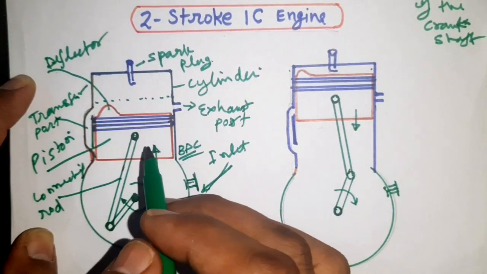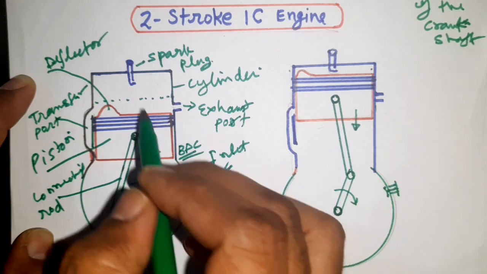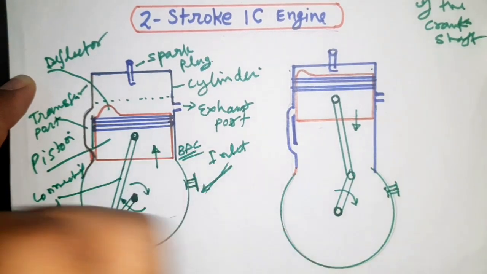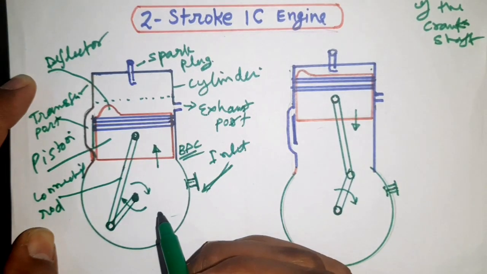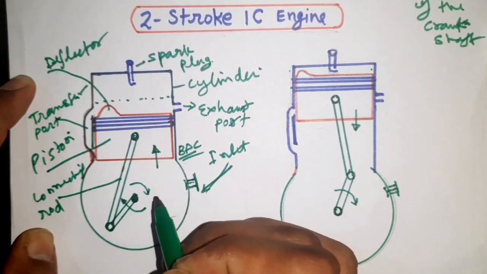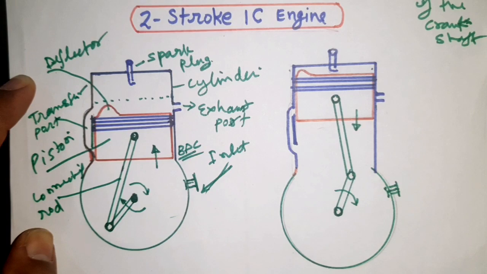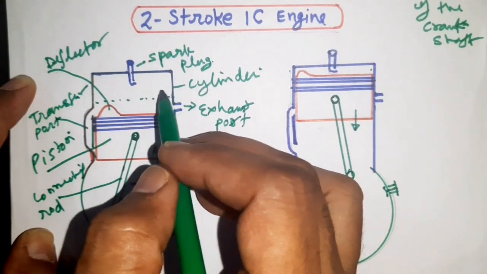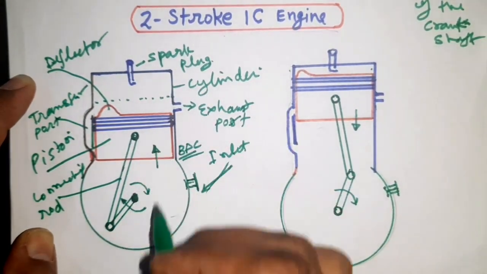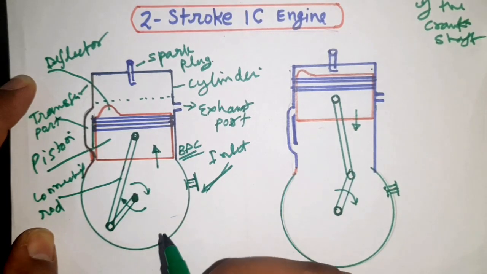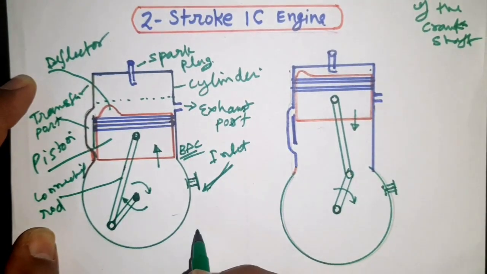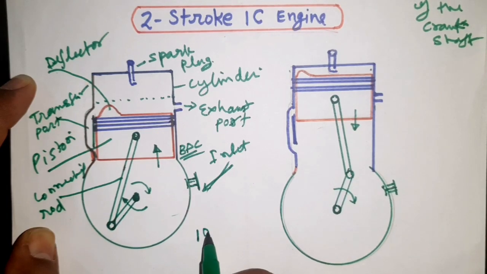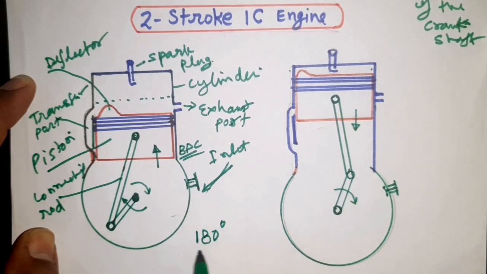So simultaneously two processes are working: compression on top and suction at the bottom side. These two strokes complete in a 180-degree revolution of the crankshaft, since the piston moving BDC to TDC means the crank rotates 180 degrees.